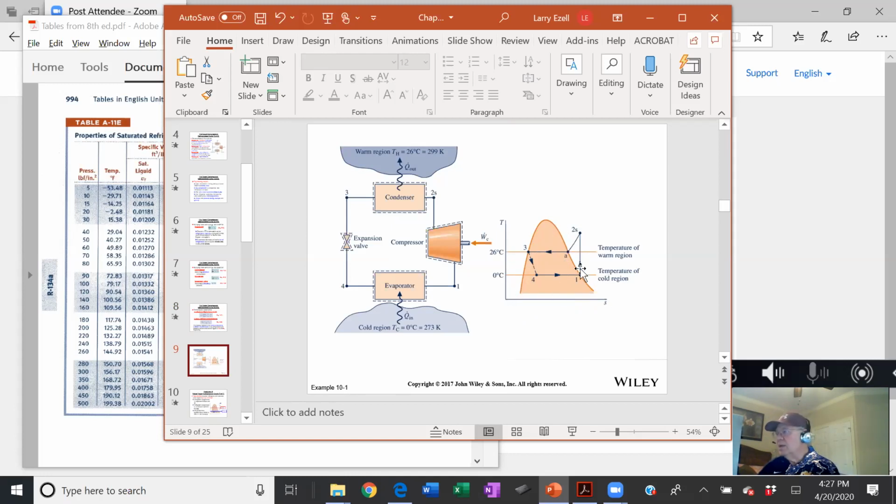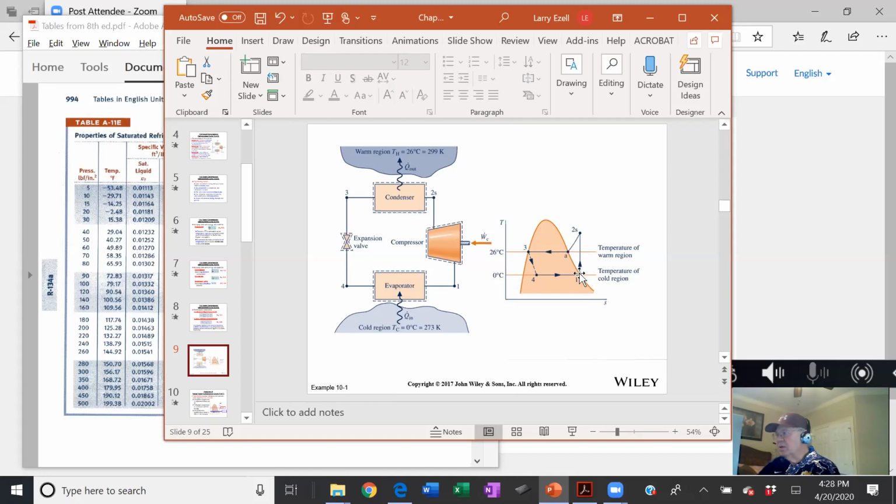Now here's the TS diagram. What's not shown here, you'll have to use your imagination a little bit. I couldn't find a figure that had it. This shows the compression process through the compressor, the isentropic process, from 1 to 2S, where state 2 has the same entropy as state 1, but at a higher pressure.